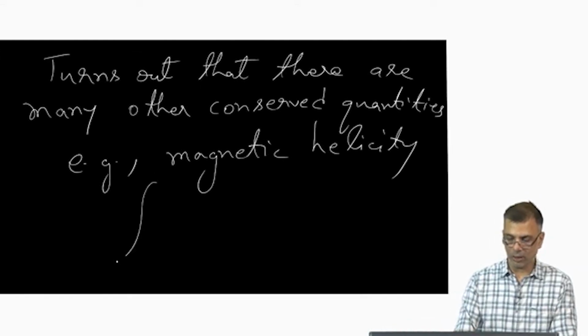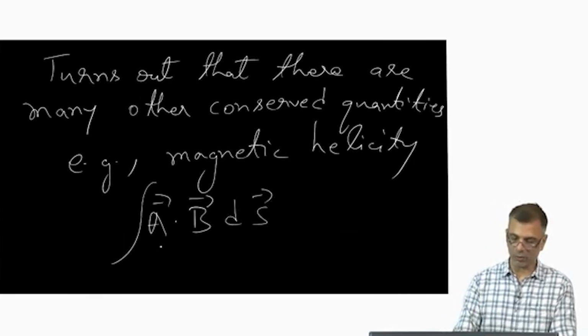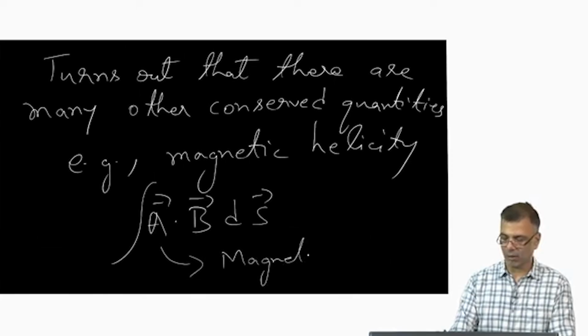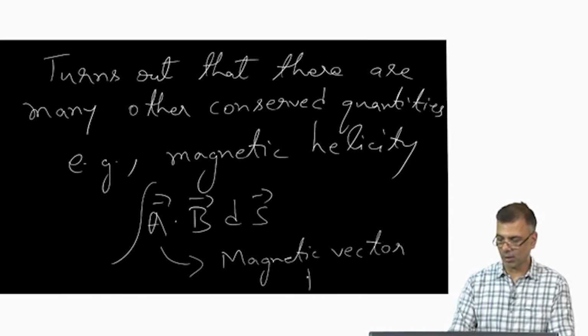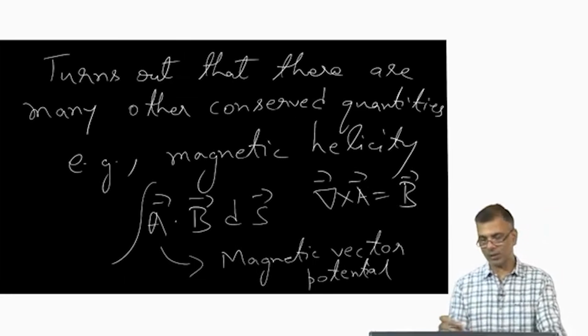Which would be the quantity A dot B, ds and so on and so forth, where this is the magnetic vector potential. Which is to say, curl of A gives you B. We have not really discussed this much, but this is the magnetic helicity.